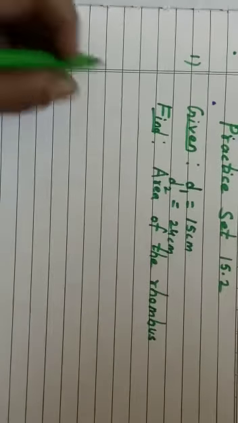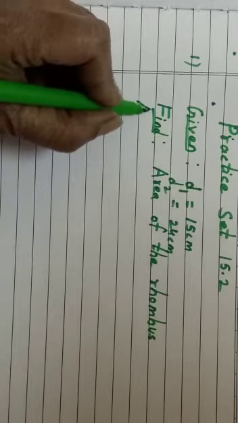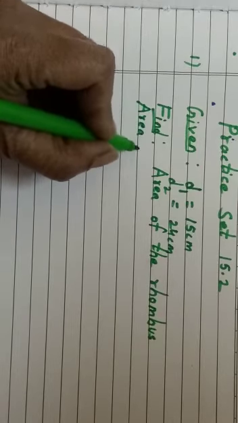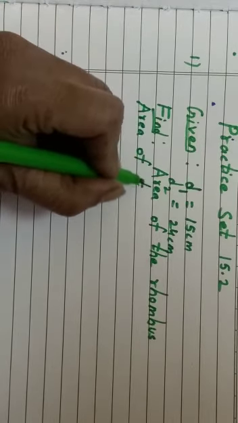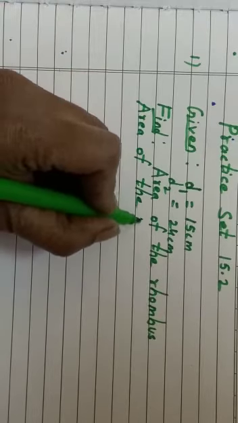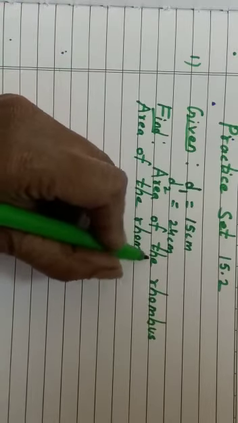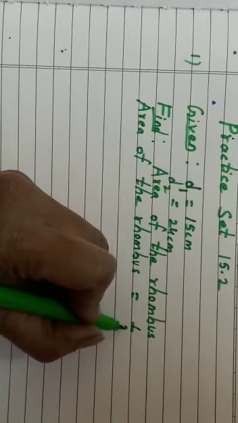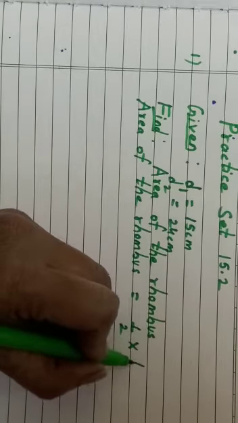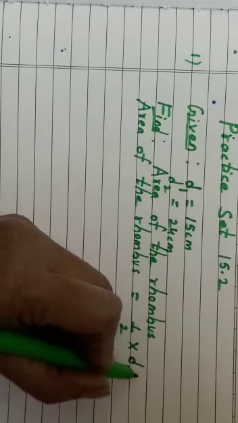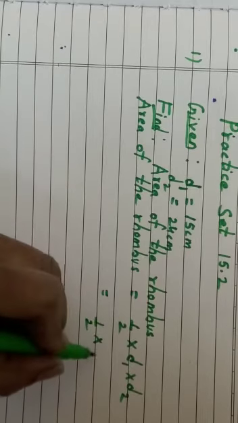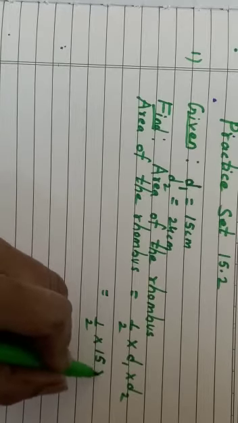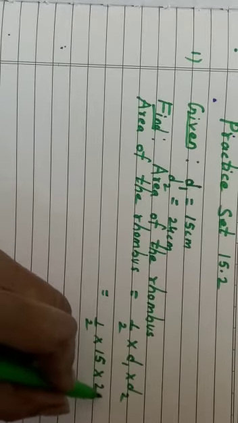Now what will you do? You will write the formula. Area of the rhombus is equal to half into d1 into d2, which is equal to half into d1 is 15 into d2 is 24.